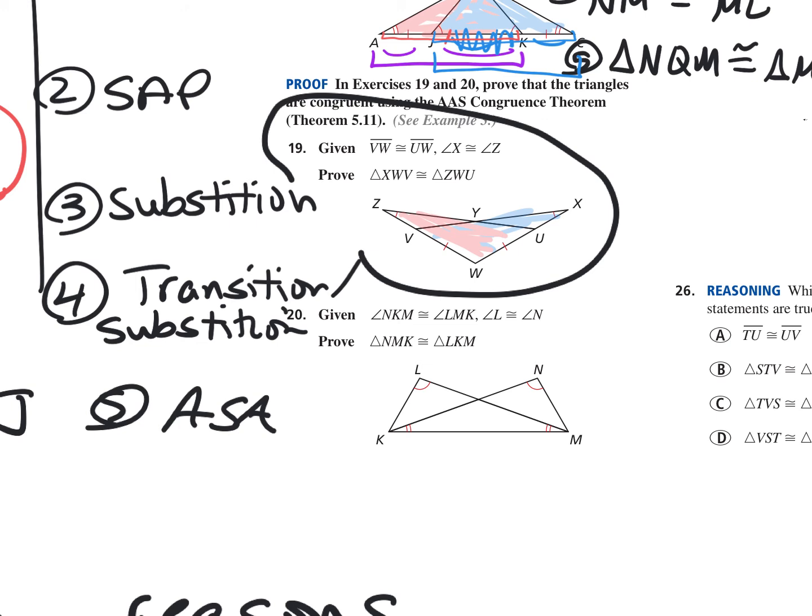So far I've got an angle marked as congruent and then part of a side. So here what I can do is we can see that it's got an angle W. That's the same for both. It's the same angle W in both. And then from there, we can show that the triangles are congruent, this time by angle side.